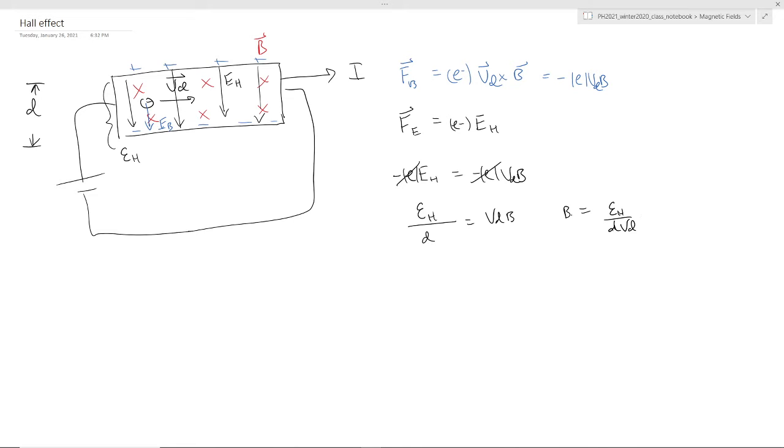One of the common uses is as a magnetic field sensor, and it's pretty common to do that. Or if you knew the magnetic field and you knew the Hall voltage, you could find the drift velocity or something.